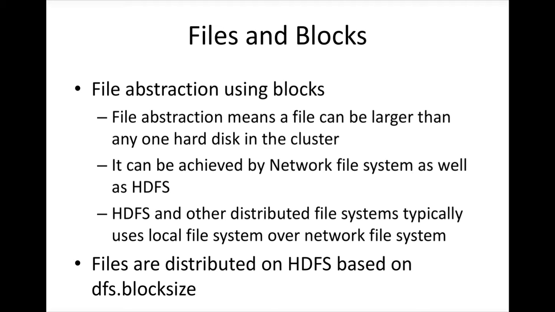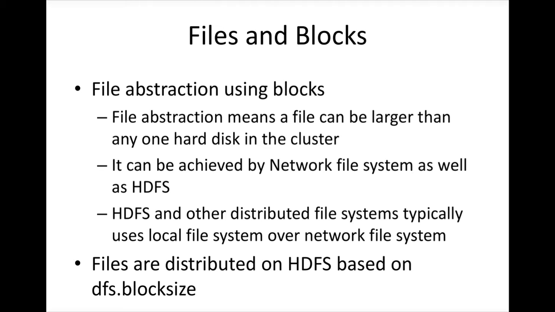For example, even if you have 10 terabytes of storage with disks of 1 terabyte each, your file cannot be more than 1 terabyte in typical hard disks. Even on my Mac, I have a 512 GB SSD, and my file cannot be greater than 512 GB, even if you have multiple SSDs.